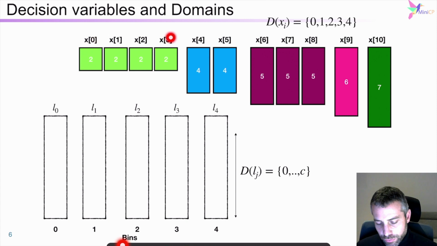I also have one decision variable for each bin. The variable Lj represents the load, how much this bin is packed in terms of the total weight of the items allocated to it. The domain of the load variables goes from 0 up to C, which is the maximum capacity. The domain of the X variables is the set of all the possible bins.